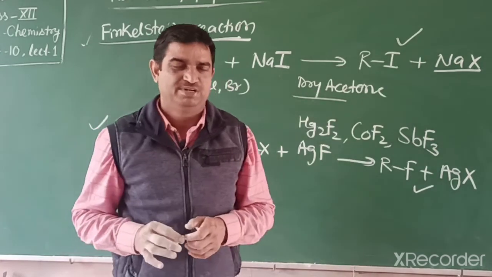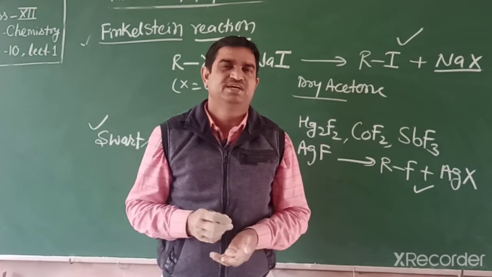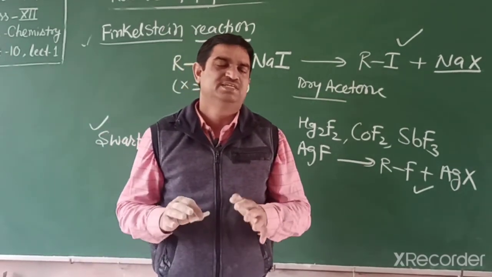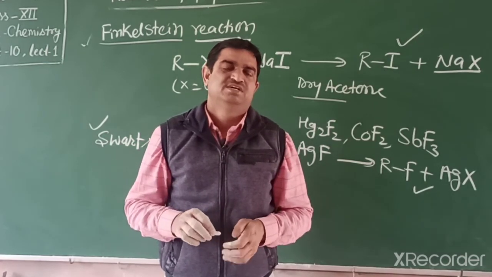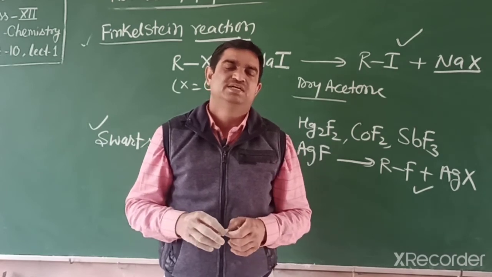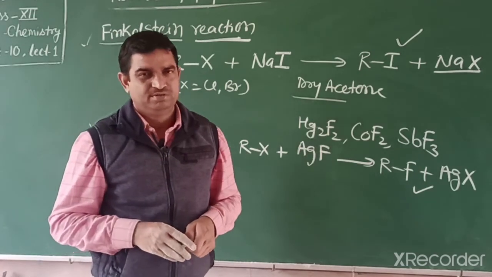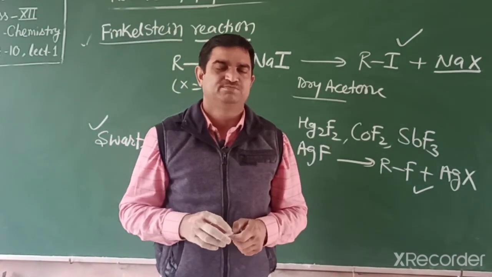Now we summarize, students, today's methods of preparation. From alcohols, a very important method is SOCl2, thionyl chloride. From alkenes we get Markovnikov rule and anti-Markovnikov rule. Another one is electrophilic substitution reaction.